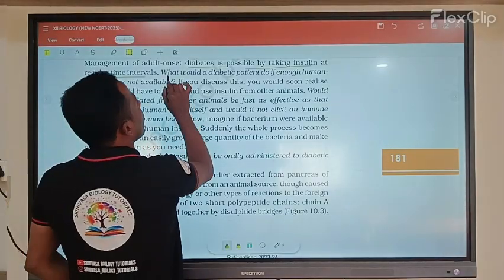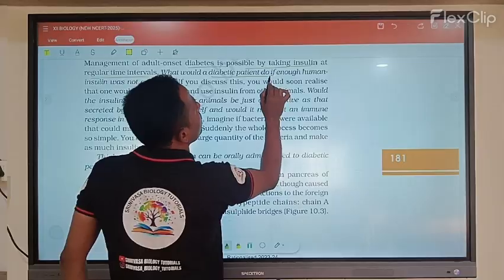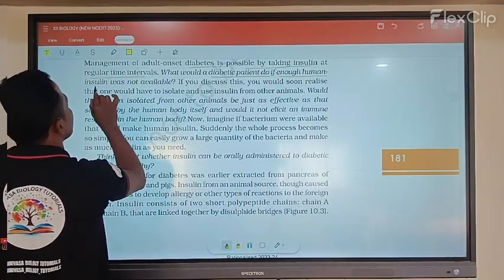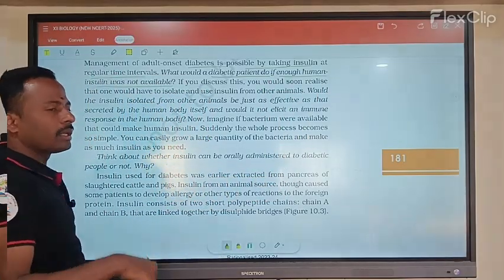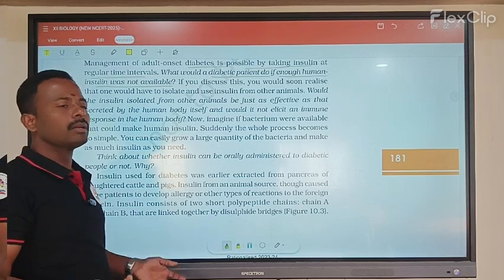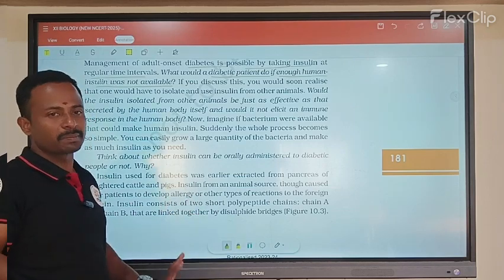Now, what would a diabetic patient do if human insulin was not available? If human insulin is not available, death takes place.